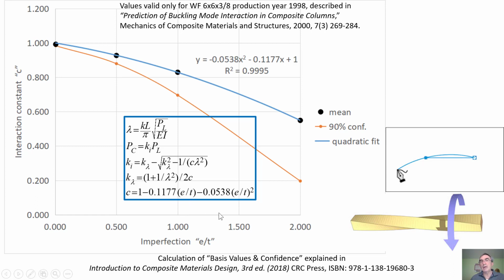Now the question is, where am I going to get the imperfection? Most manufacturers, at least, give you two values that you can use to calculate the imperfection. One is the crookedness, or camber, or curvature, which is illustrated here. You buy a column and hope it is straight, but it is not totally straight.